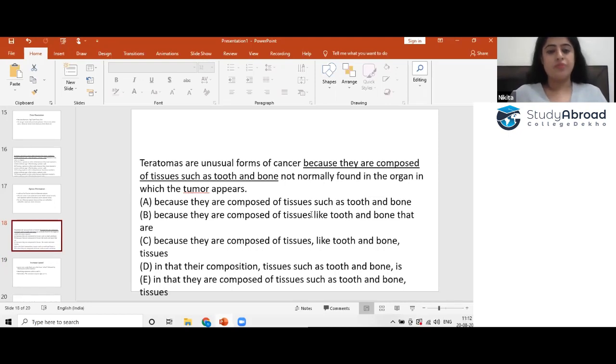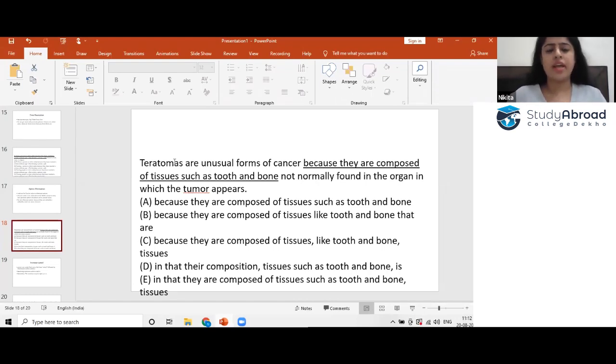Okay, so it says teratomas. Another thing I would like to tell you: if you are unable to pronounce a word, just read it with the initial letter. Say T. Although it's teratomas, there are some words which we are not able to pronounce, and we are very short on time on the exam.